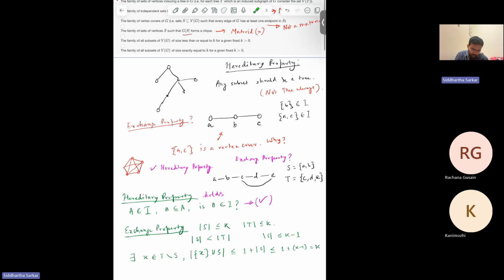And how about the empty set? The empty set has size 0. So the empty set is also part of this family, because we are insisting that we'll take all sets of size at most k. All right, so this family is in fact a matroid.